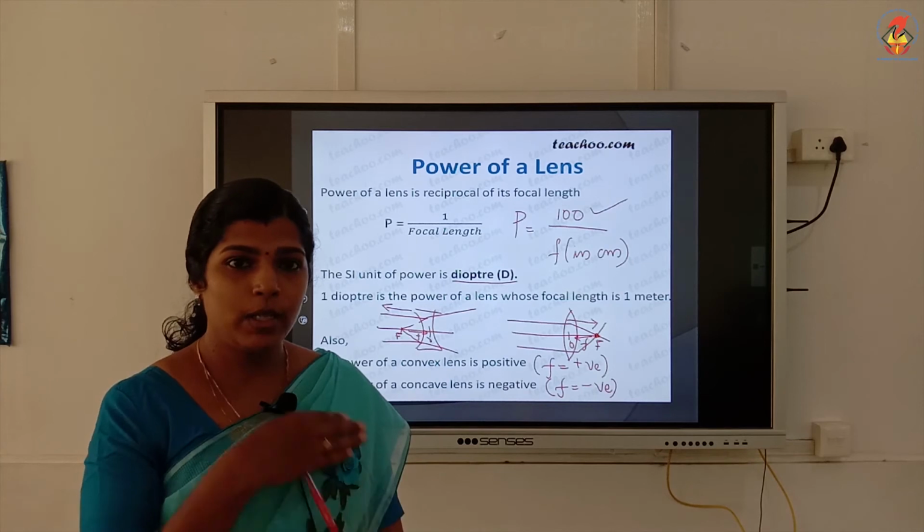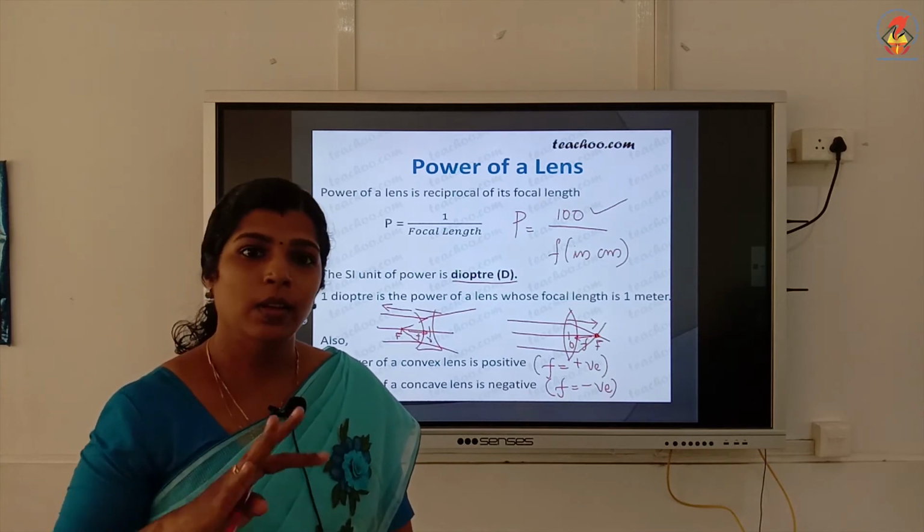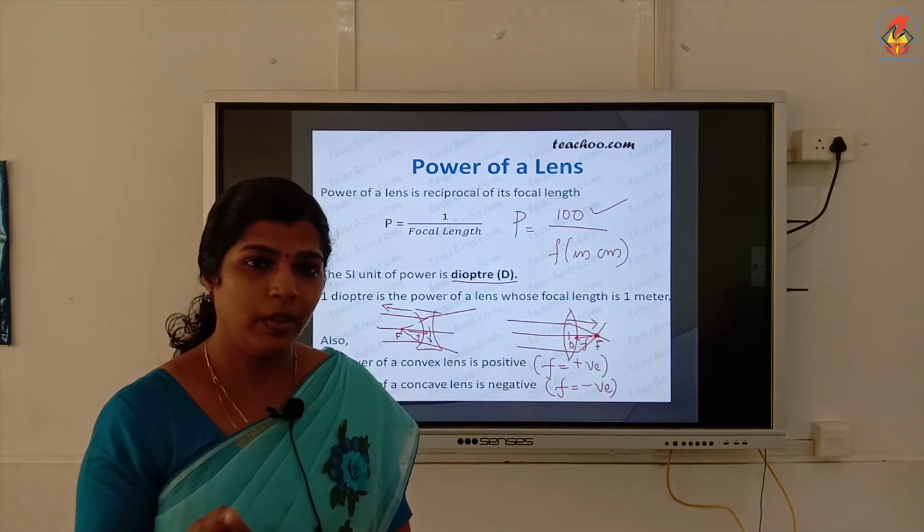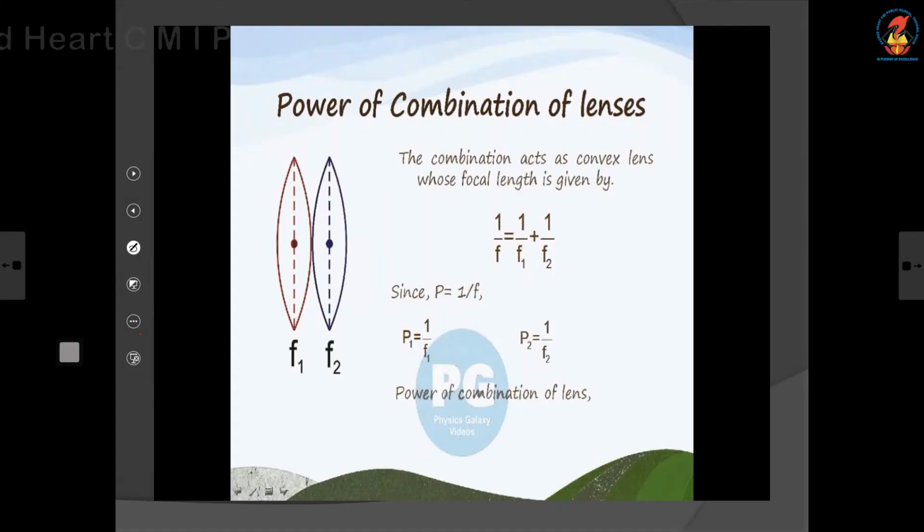If one value is positive and one value is negative, then we will do the algebraic sum. For a combination of lenses, P equal to P1 plus P2.